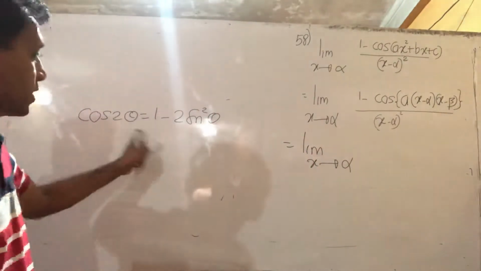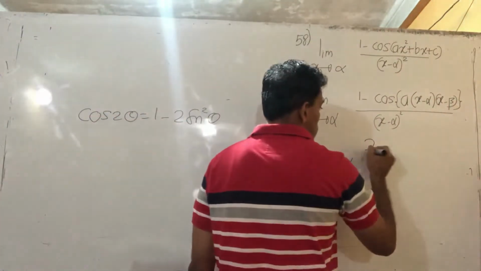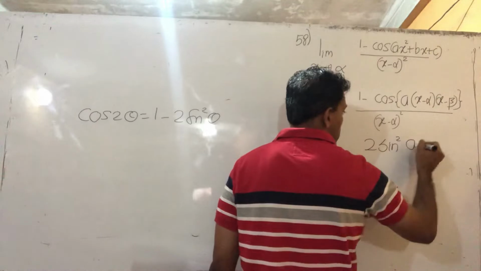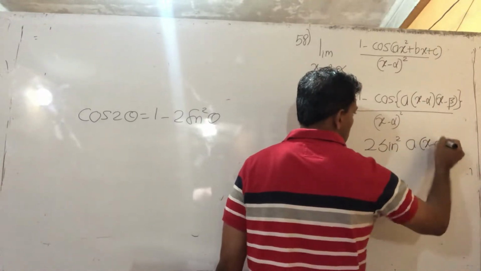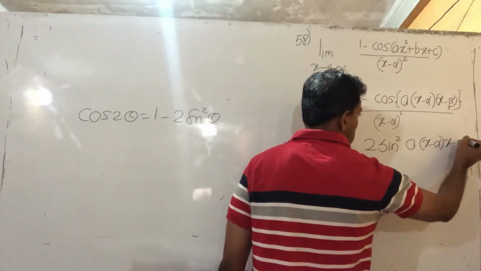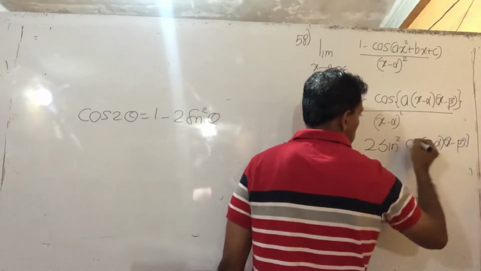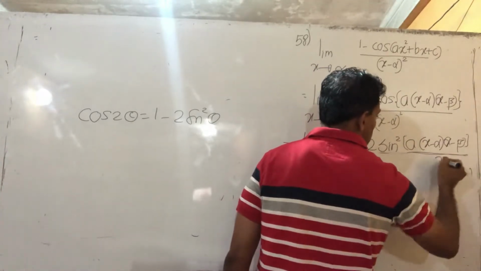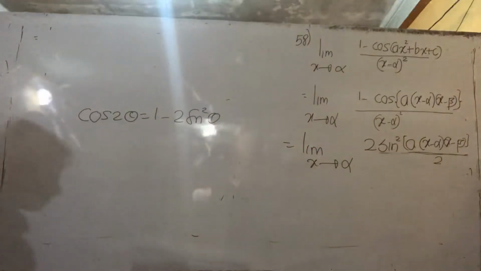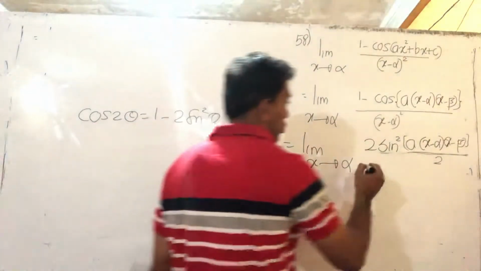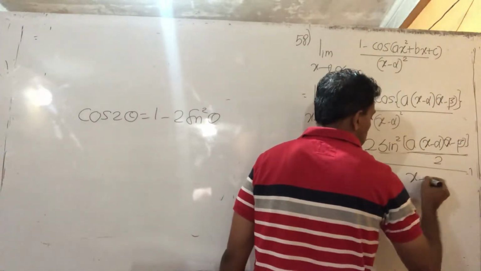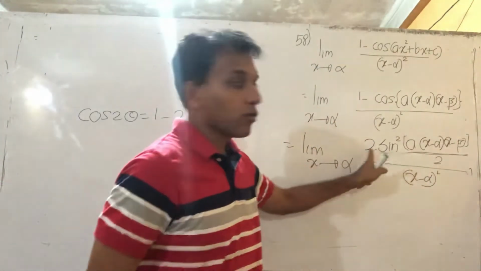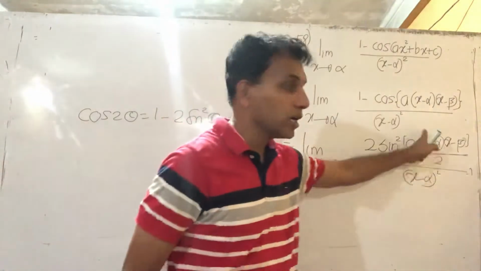What is 1 minus cos? 2 sine square of half the angle, this a into x minus alpha into x minus beta, over x minus alpha square. The angle is half of that, right? You can't cancel this 2. This is the sine coefficient. That's the angle too, right?